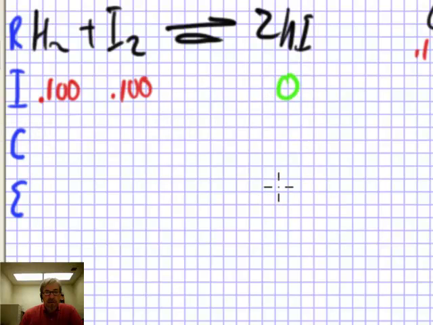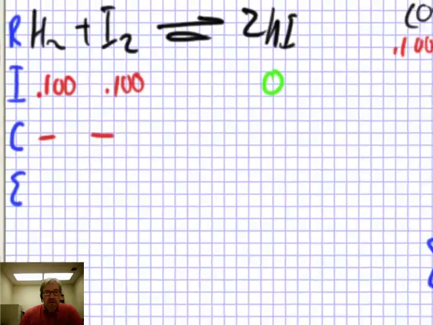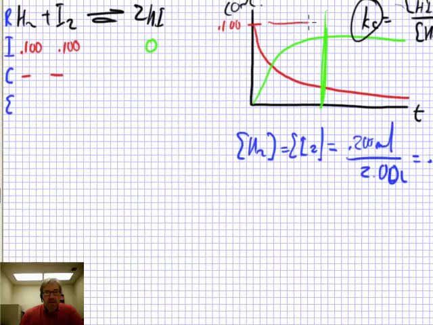What are the changes? Now here's where stoichiometry comes in. We know that this reaction is going to shift to the right. We're going to produce HI and use up H2 and I2. So we're going to lose some moles of H2, and we're going to lose some moles of I2. How much? The concentration of H2 and I2 are going to drop from 0.100 down to the equilibrium value of we don't know what.